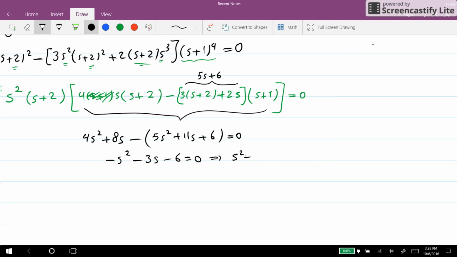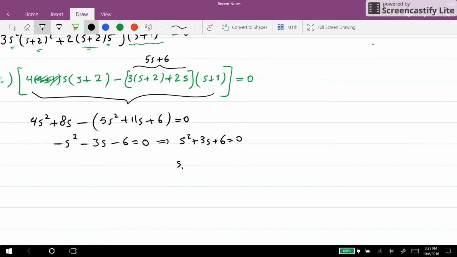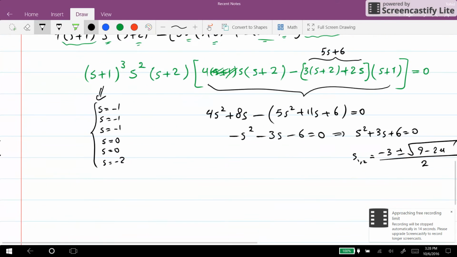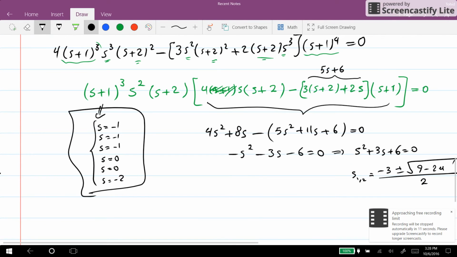Or s squared plus 3s plus 6 equal to 0. The roots for this second order polynomial could be obtained as minus 3 plus minus square root of 9 minus 4 times 6, over 2, and we see that this polynomial doesn't have any real roots. As a result, we have only these roots as the break-in or breakaway points.